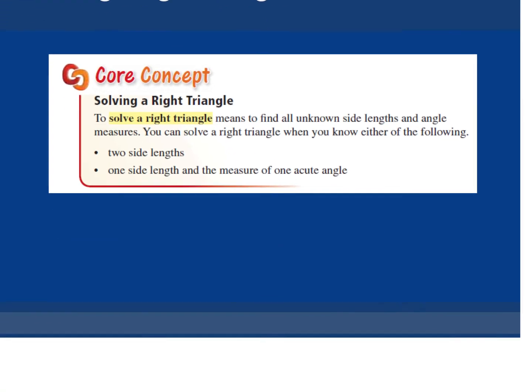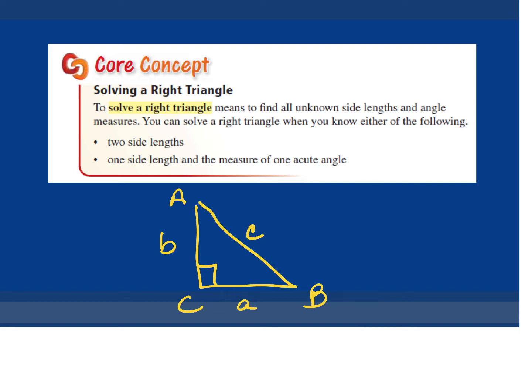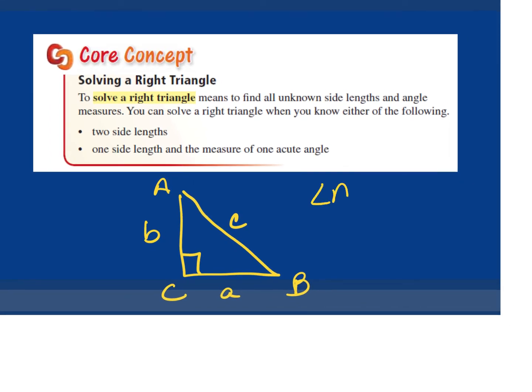So for example, if I have, and this is only for right triangles, remember, a right triangle here labeled as ABC, and again, lowercase a will be opposite to angle A, lowercase b opposite to angle B, and lowercase c opposite to angle C. When I'm done with this, I'll have found angle A, angle B, angle C, and also lowercase a, lowercase b, lowercase c.